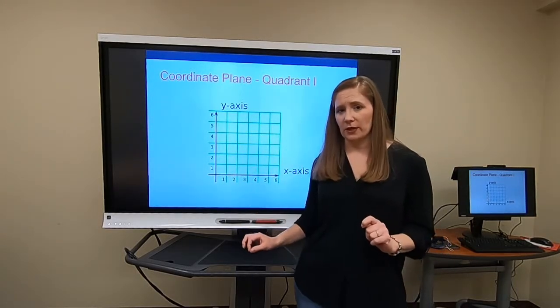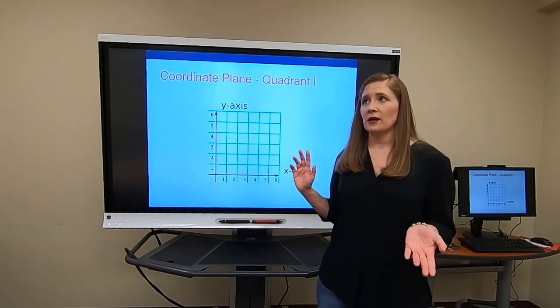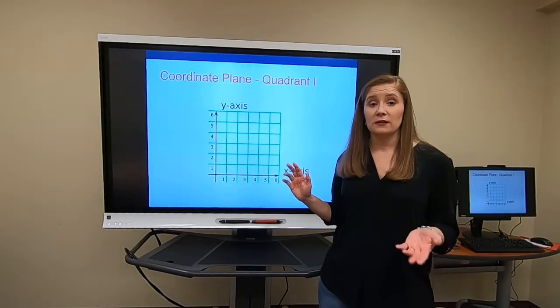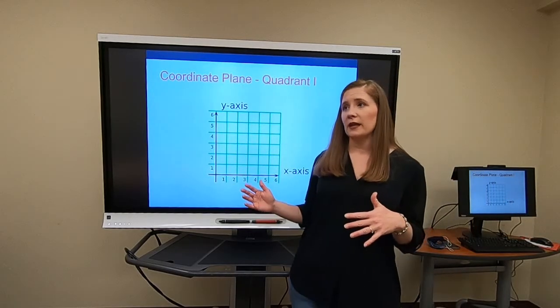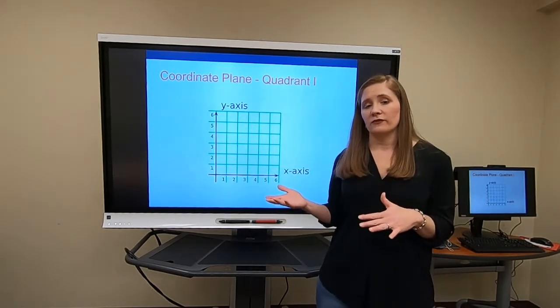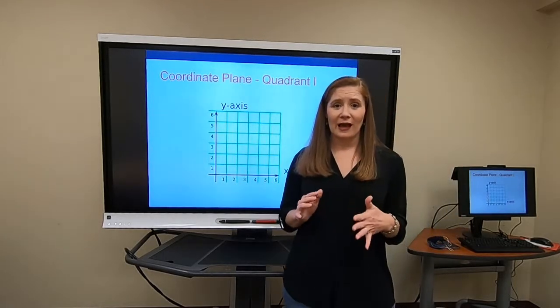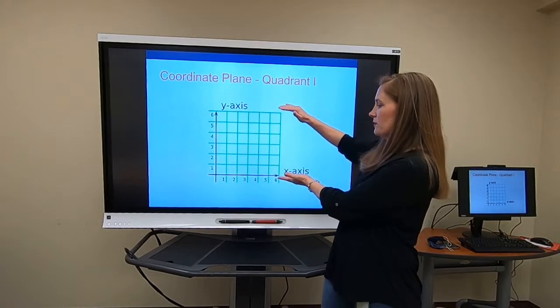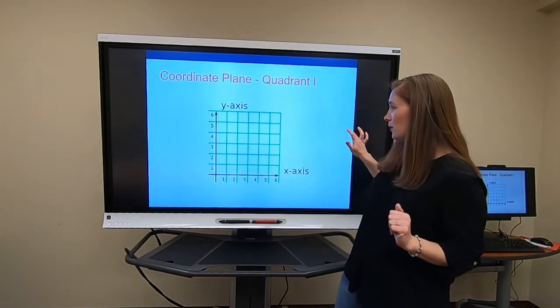Whenever you're seeing graphs on TV about the COVID-19 virus and its spread, all of those graphs are typically in quadrant 1, because a lot of our lives live in quadrant 1. So it is the most important quadrant, and what you're learning is very important.